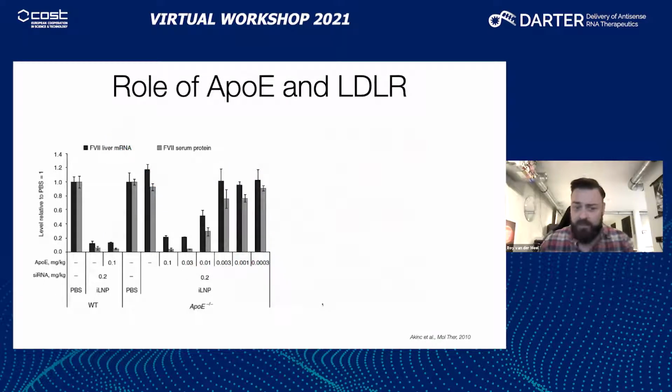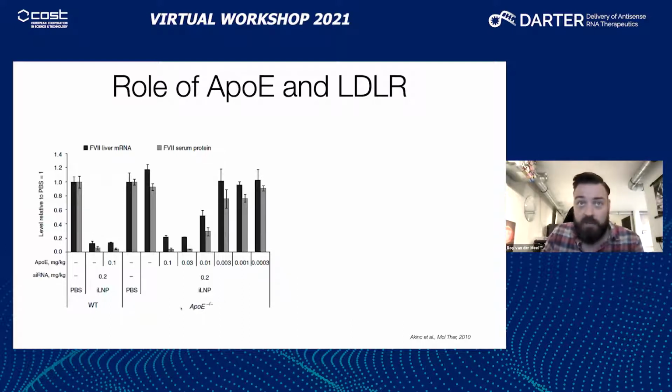Now, there is some evidence for the role of ApoE and the LDL receptor for this mechanism that I just explained. In this graph on the left, you can see in wild type mice, all the way on the left, that lipid nanoparticles are very capable of reducing the mRNA and serum protein levels of factor 7.